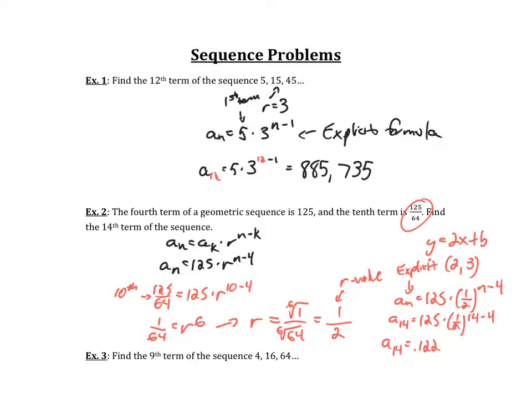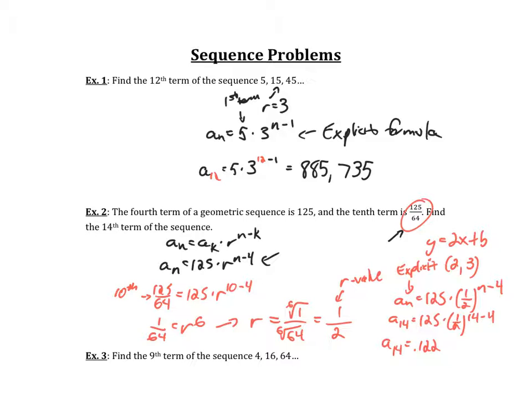Again, let's review our steps real quickly. We first set up the formula with what we knew. We knew 125 was a sample term, and I knew k was 4 because that sample term was the 4th term. I then used another sample term in the sequence, the 10th term, which is 125 over 64, to fill in a couple variables to help me solve for r, so I could create an explicit formula.